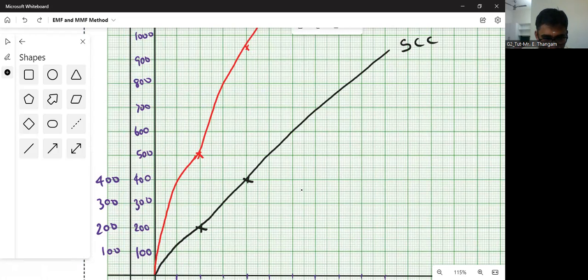So 288, we will get the point here. You mark this 288 at your short circuit curve. So this is your IA value.